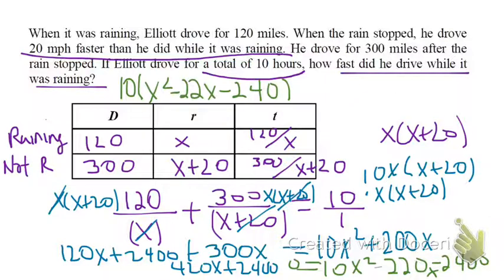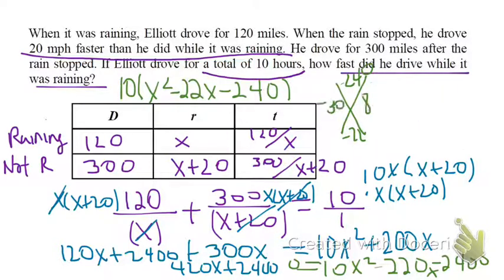All right, so here's our X. So you have a negative 240 and a negative 22. All right, so we're going to factor that then. So we're going to have X minus 30 times X plus 8.